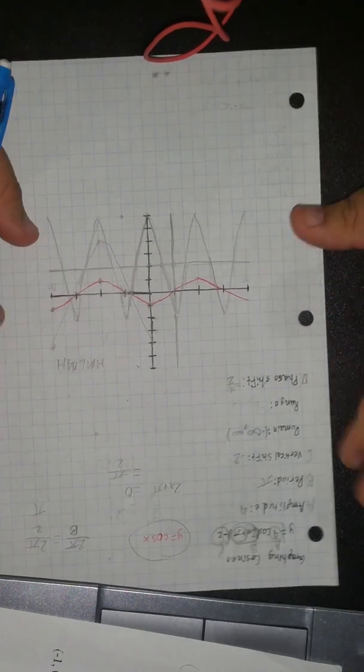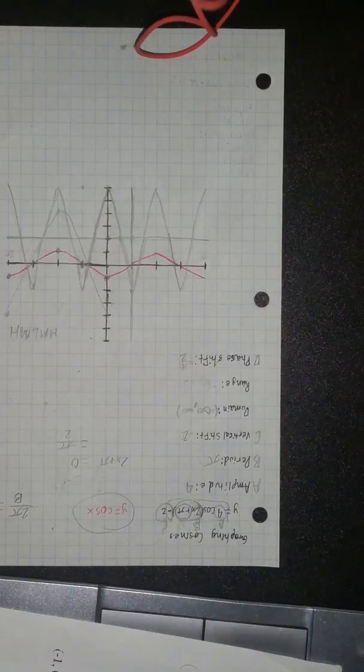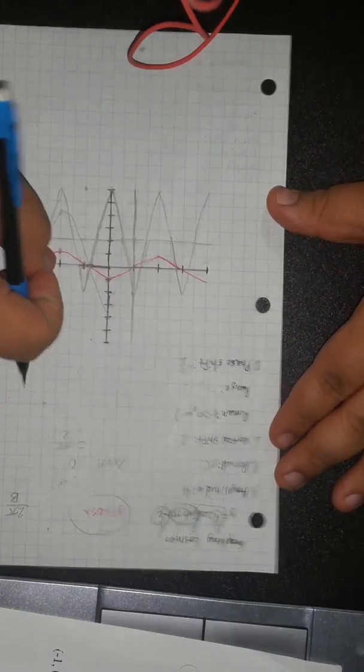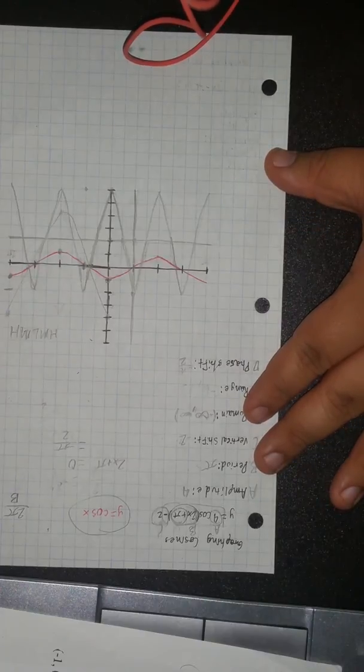Now, this is how you would graph. Now, there is one last thing we are missing, which is the range. Now, the range, for those of you who have never graphed, at least this way, or have had to find the range, is basically the highest y point and the lowest y point.